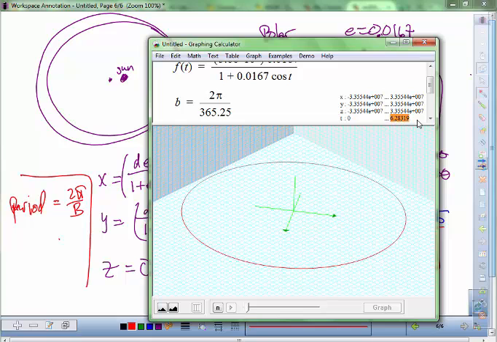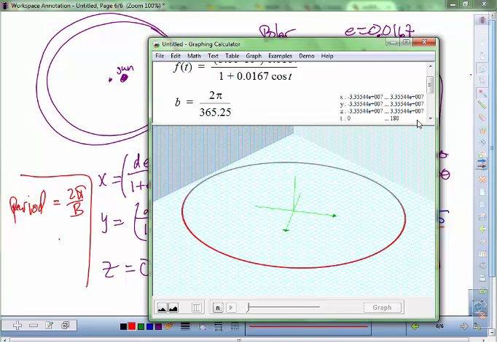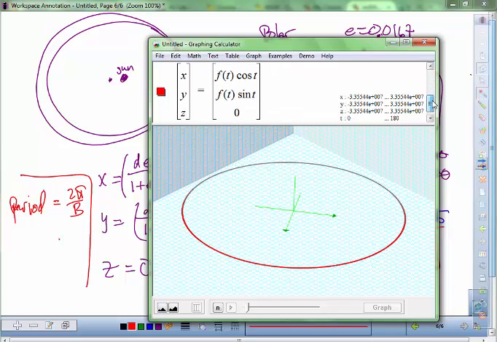And then we want to take our t values from 0 to about half of 365, which is 180. So this is about 6 months. Wait, that didn't work. Oh, I didn't put b here.